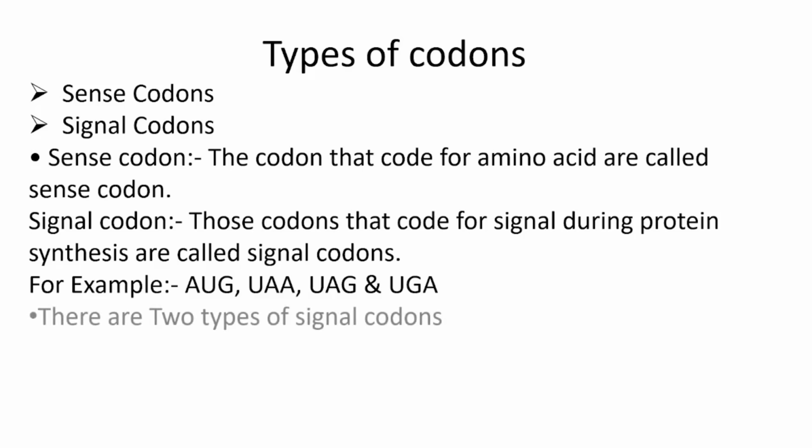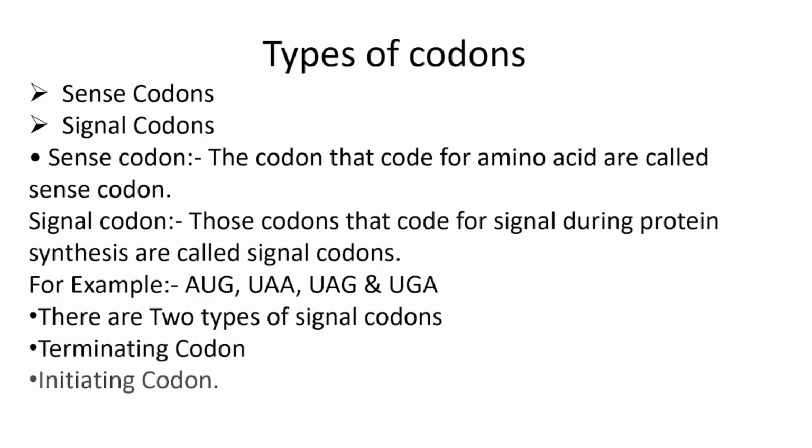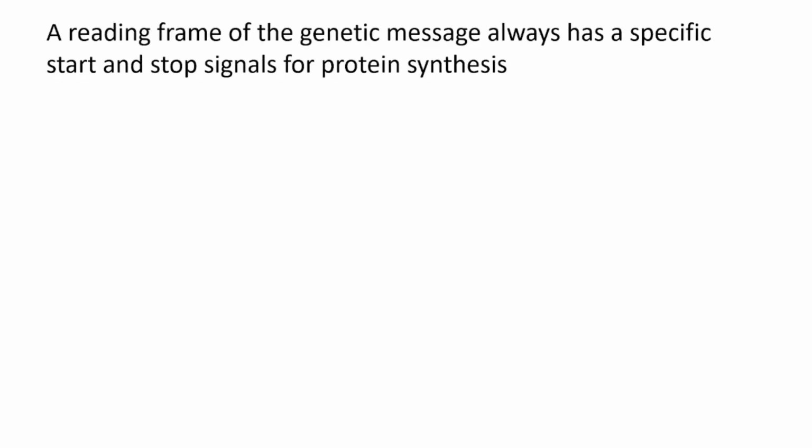There are two types of signal codons, the termination codons and the initiation codons. A reading frame of the genetic message always has specific start and stop signals for protein synthesis.